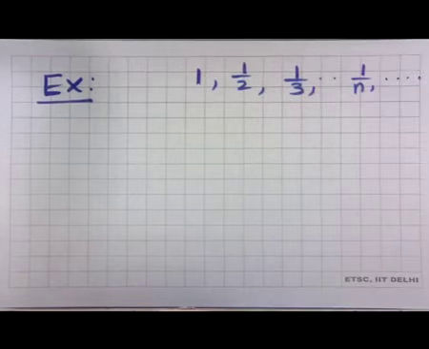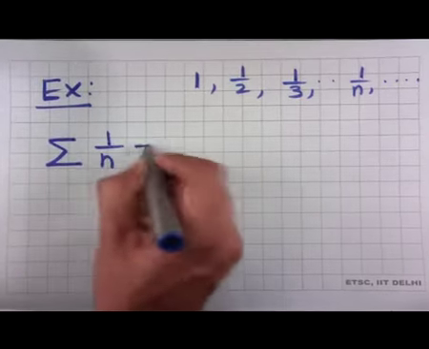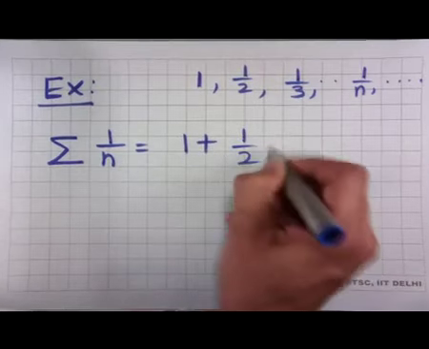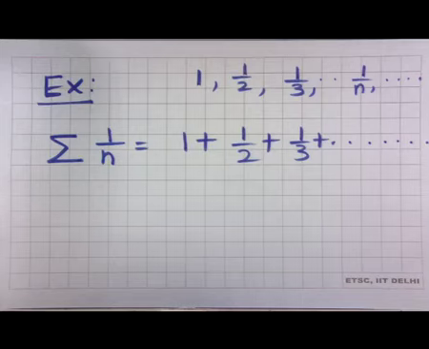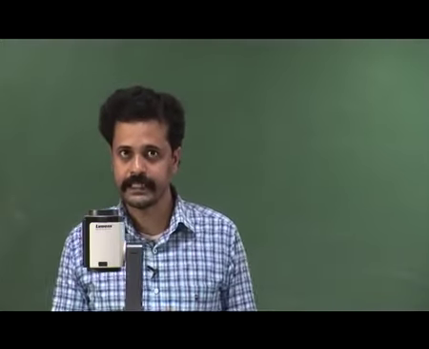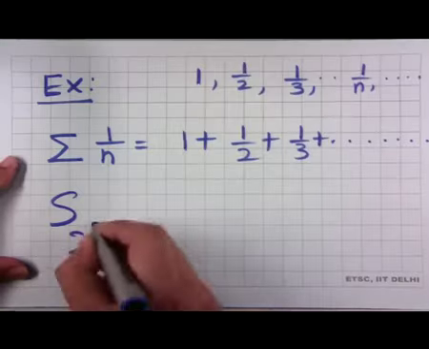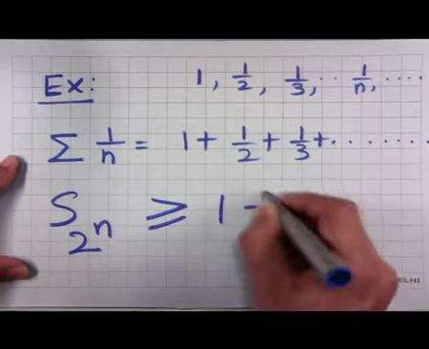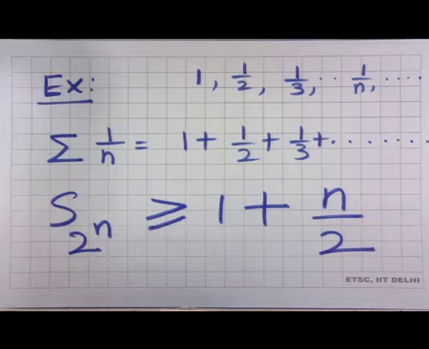The corresponding series will be summation of 1 by n, namely 1 plus 1 by 2 plus 1 by 3 plus etc. Recall that we proved the partial sum of this series has the property that s of 2 power n is greater than or equal to 1 plus n by 2.